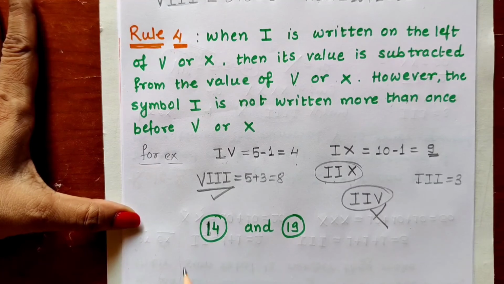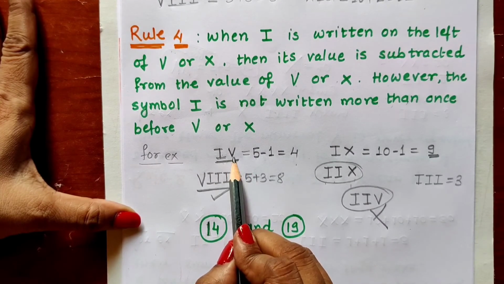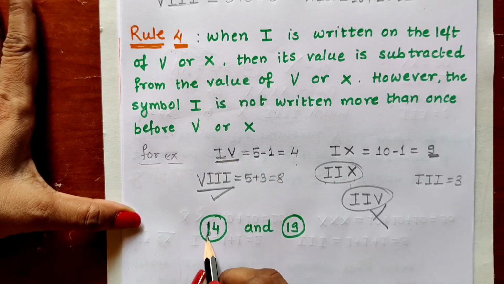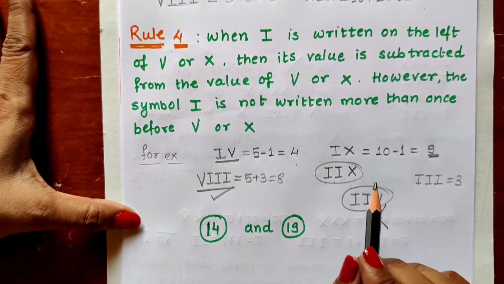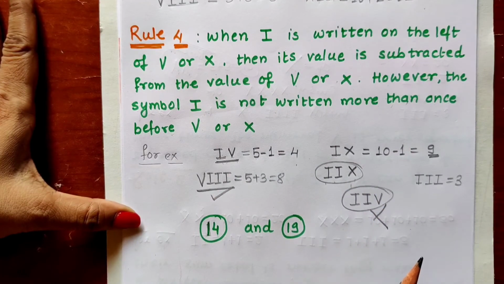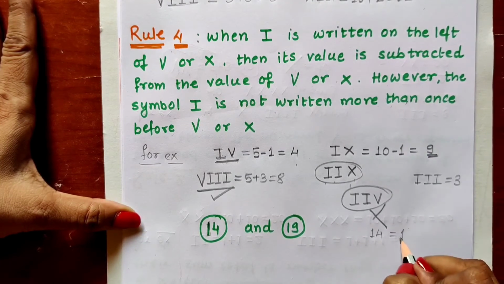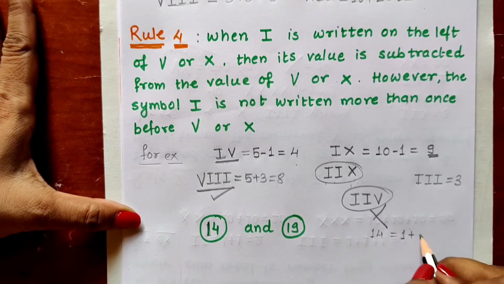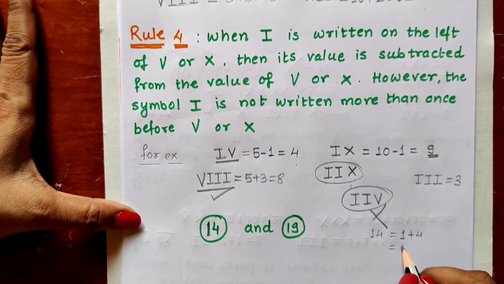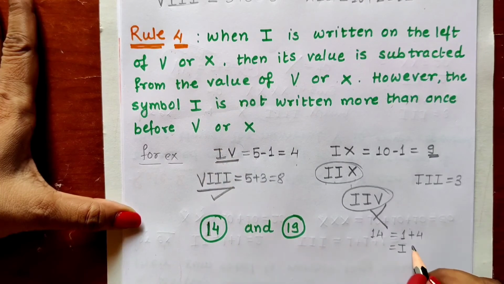And for writing 4, how to write? IV is 4, we all know. And if you want to write 14 by using all these rules, how can we write it? 14 means what? 1 plus 4, correct? And for 1 the symbol is I. And for 4 the symbol we can see is IV.